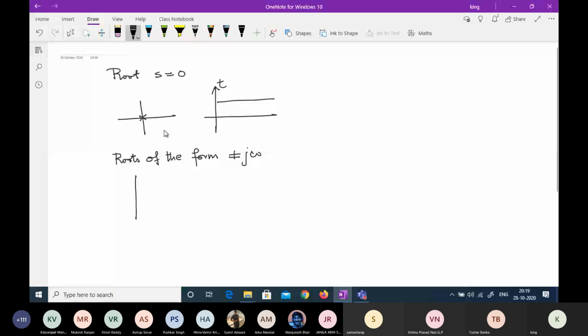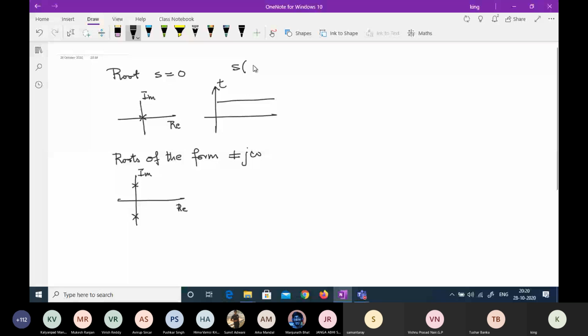So both the roots are lying on the imaginary axis. So here, when can you get roots like this? When you have s into, you have a polynomial like this.